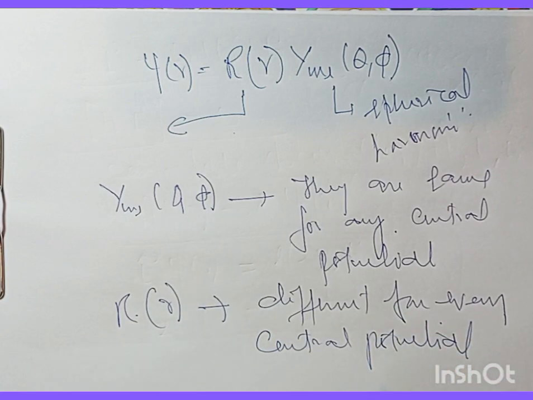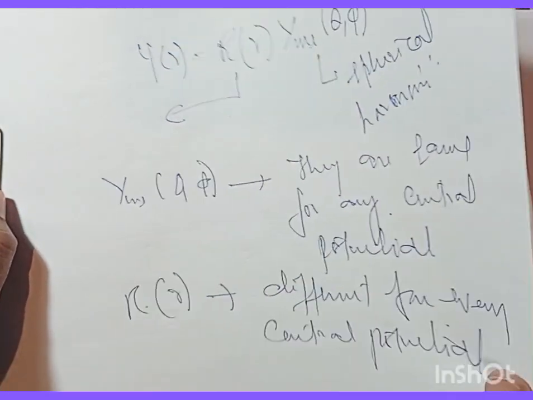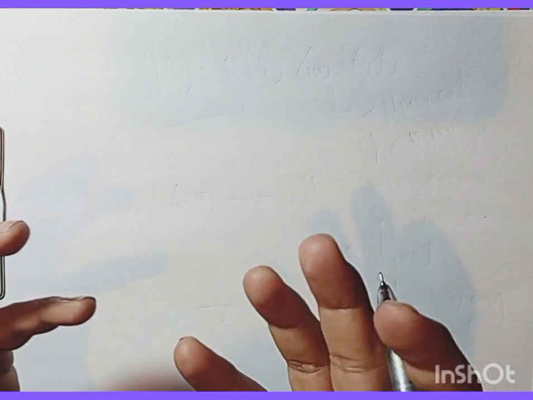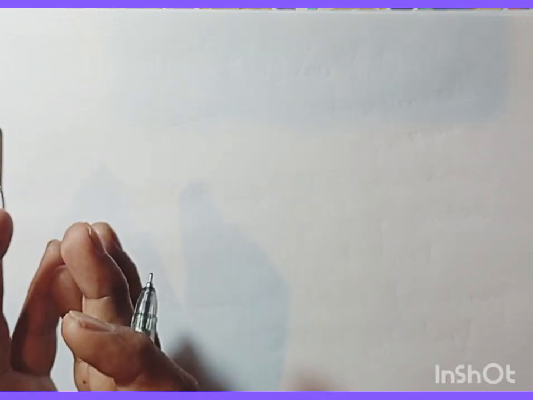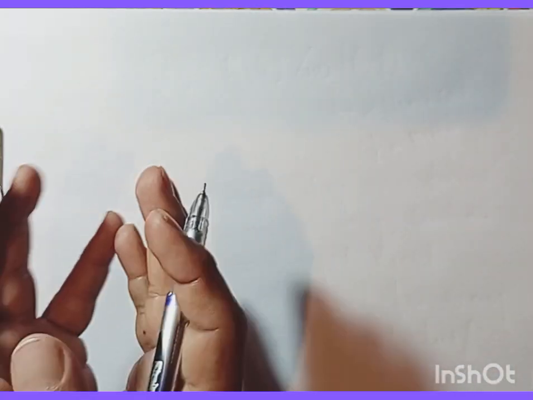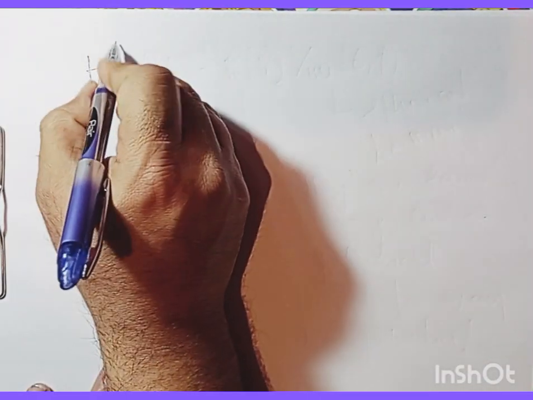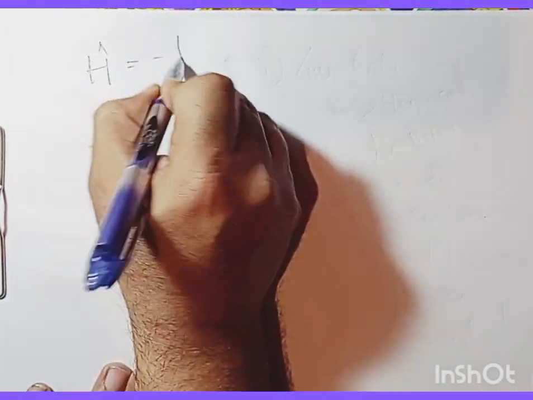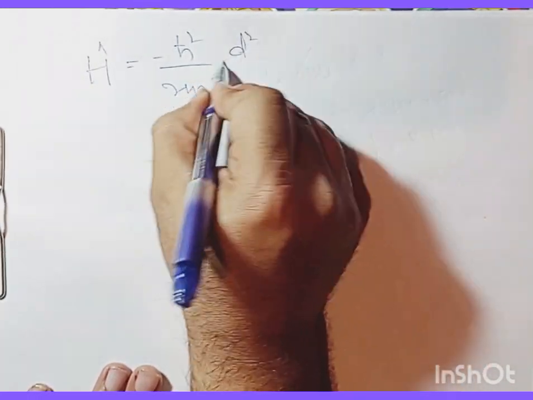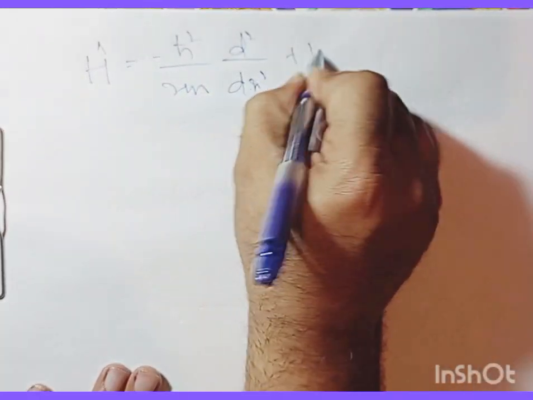Proceeding from here, if I write down the radial equation of a particle that's moving in a three-dimensional box, say for example, I'll choose a single particle in a one-dimensional box, I can write down its Hamiltonian as minus h cross square by 2m d2 by dx2 plus V of x.